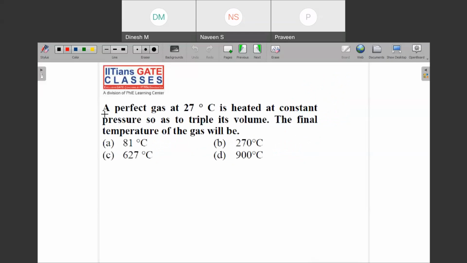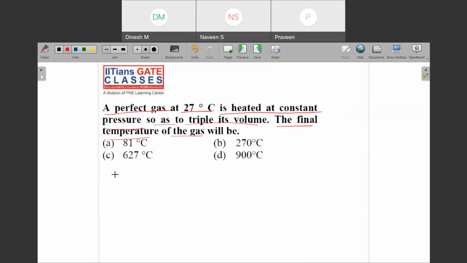Next question. It says that a perfect gas at 27 degrees Celsius is heated at constant pressure so as to triple its volume. The final temperature of the gas will be? Again, let us use subscript 1 for initial and 2 for final.